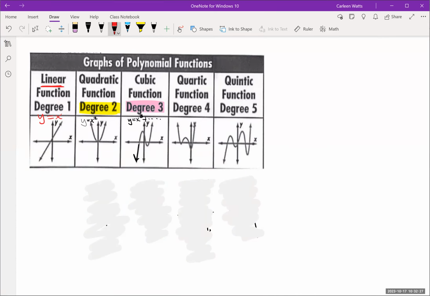Now, if I have a function such as the parallel, it goes right there through the middle, even though it looks like it's off a little bit. What if I did y equals negative x? How does a negative in front of that x change what the graph looks like?